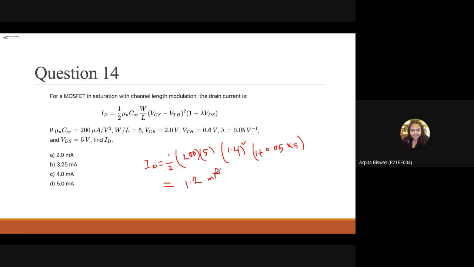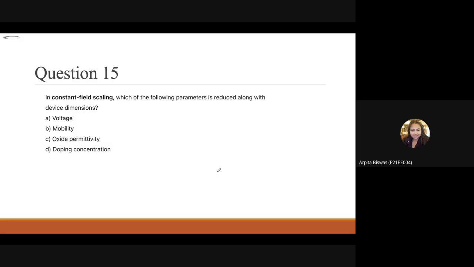So next, move toward question number 15. In a constant field scaling, which of the following parameters is reduced along with device dimensions? First option is the voltage, then mobility, then oxide permittivity, or option D, doping concentration.